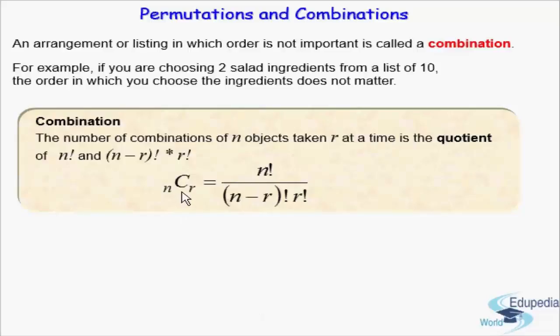Instead of nPr, we're going to use nCr, because that was permutations and this is combinations, so we're going to use C instead of P over here. And of course this formula looks a bit different from the permutation formula as well. Why? Because we have introduced this new term r factorial in the denominator. So we now have n factorial over n minus r whole factorial, times r factorial. This is the formula that we're going to use for combinations.